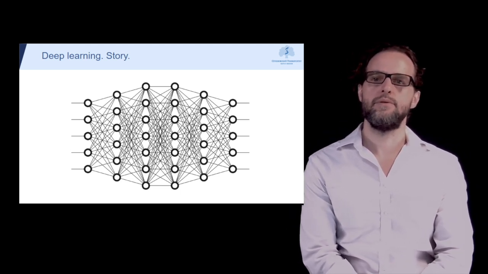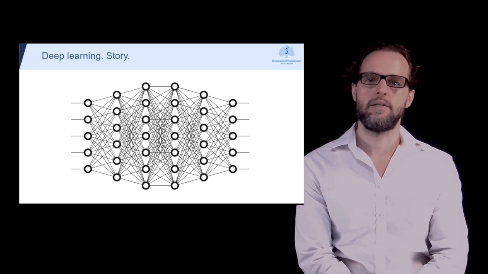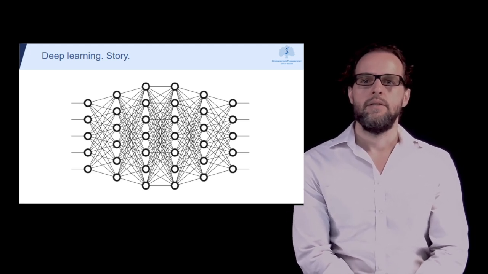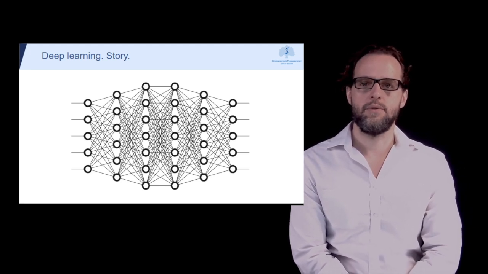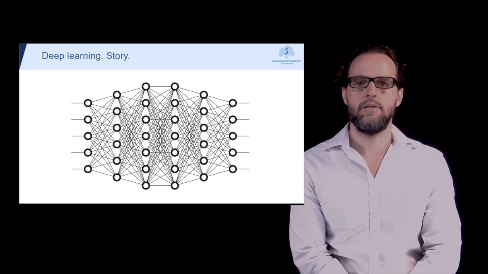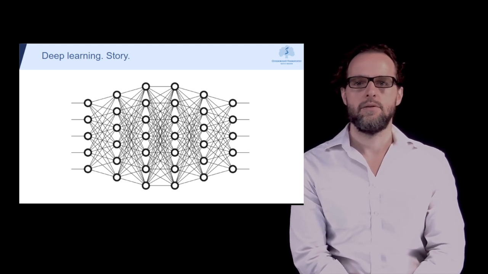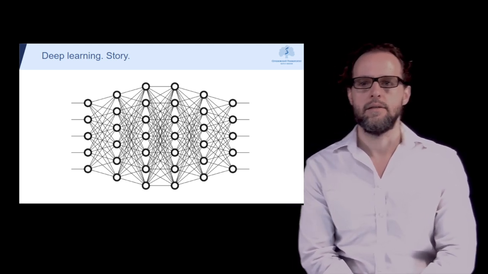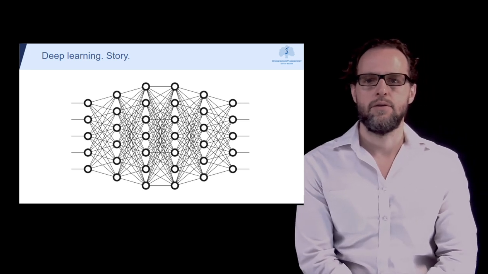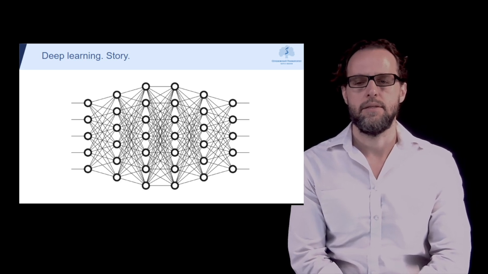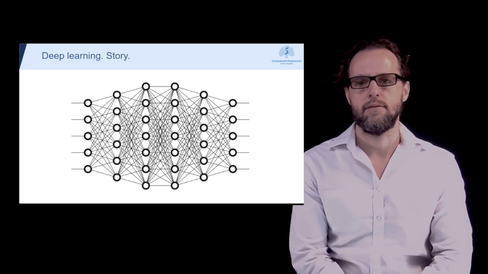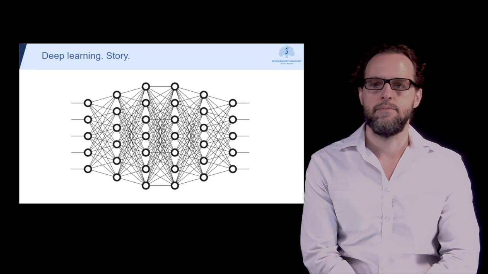For example, the first general working algorithm for deep multilayer feedforward perceptrons was published in a book by Soviet scientists Alexei Grigorievich Ivakhnenko and Valentin Grigorievich Lapa, Cybernetics and Forecasting Techniques, back in 1965.